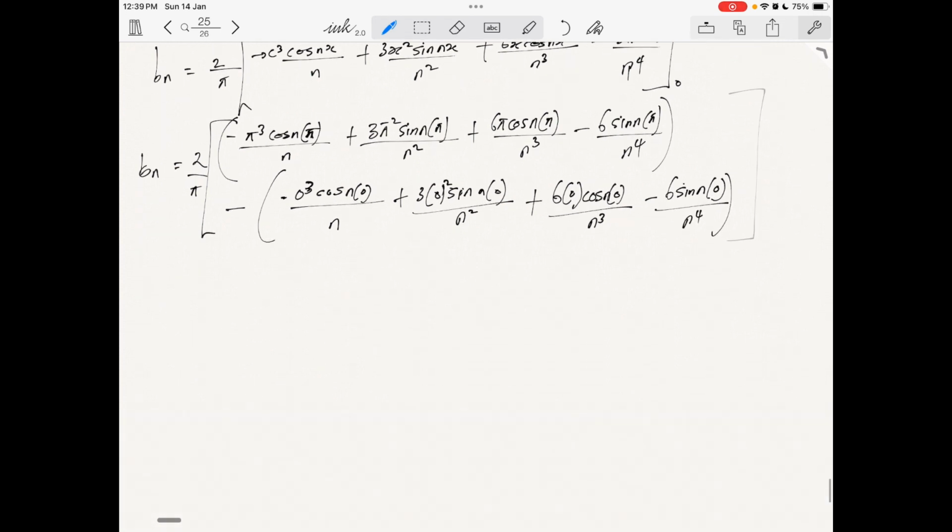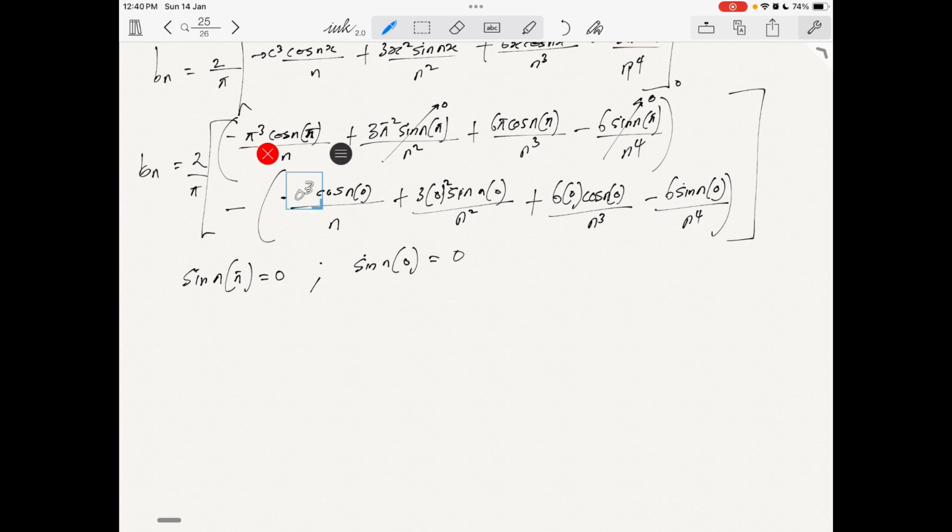Now, having done this, we recall that sine n pi is equal to 0 and sine n of 0 is also equal to 0. So this contains sine n pi, so it turns to 0. This also contains sine n pi, so it turns to 0.